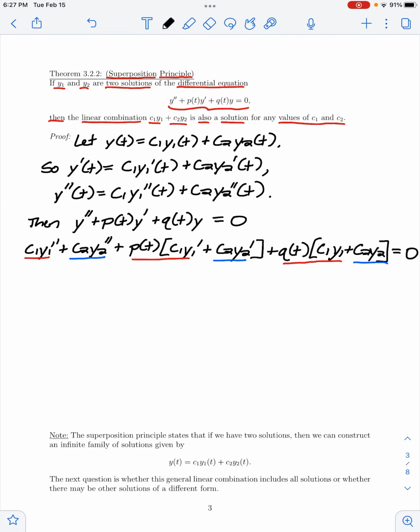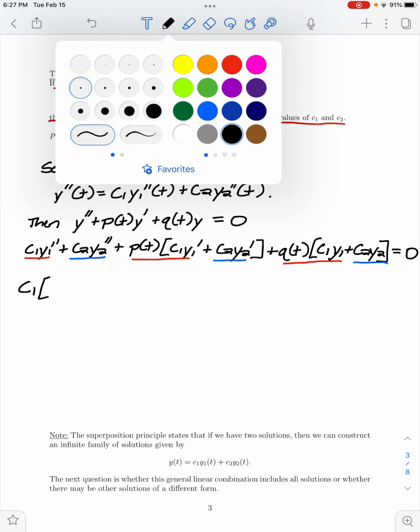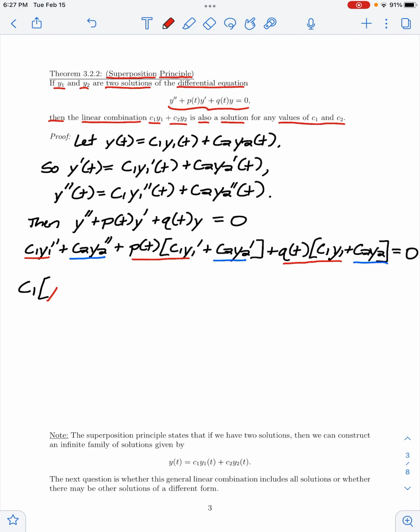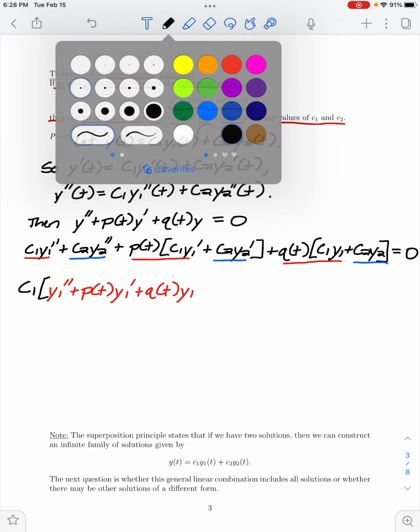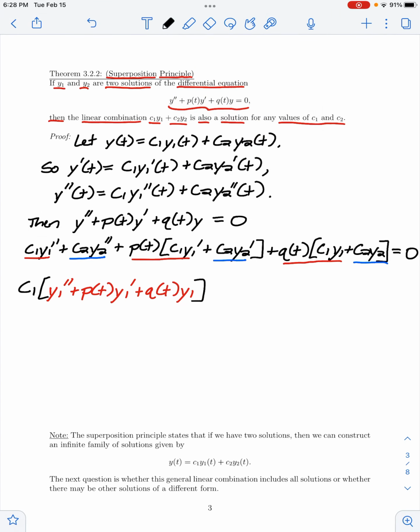Grouping the y1 terms, I notice that everything involving y1 is multiplied by a constant c1. So if I factor out a c1 from all of those terms, I am left with y1 double prime plus p of t times y1 prime plus q of t times y1.